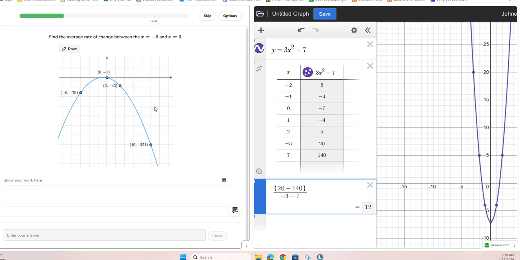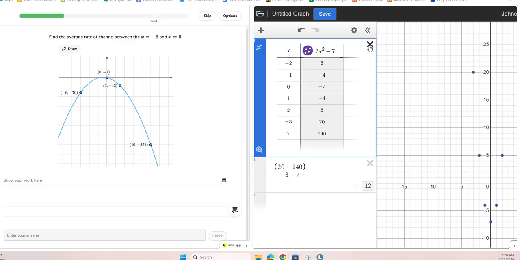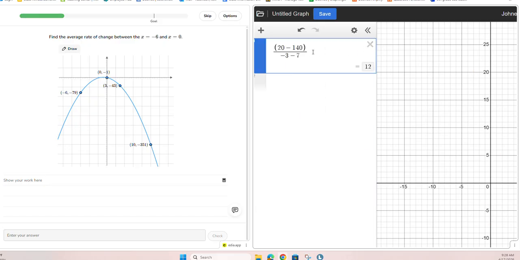Okay, same type of problem except we have the graph this time. Since we have the graph, we don't have to type in the equation. We don't need the table of values. We need to find the ordered pairs that we need from the graph. Alright, so my interval is negative 6 to 0.